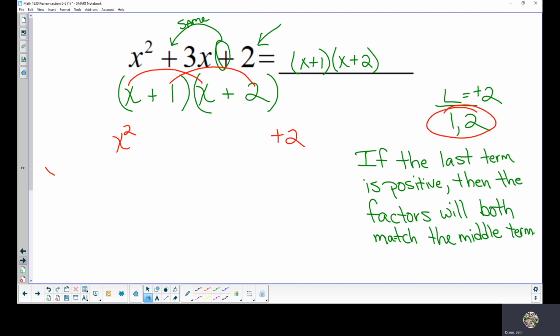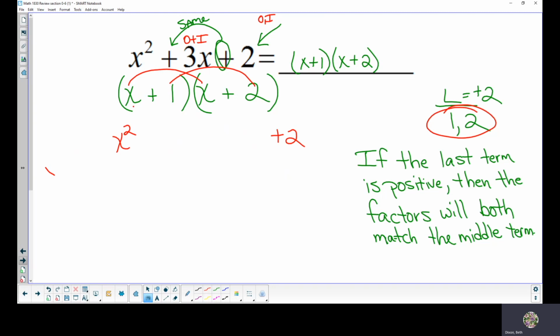I don't have to really worry about the first and the last. What I'm worried about is that outer and inner that make up the middle term. So what does that give me?